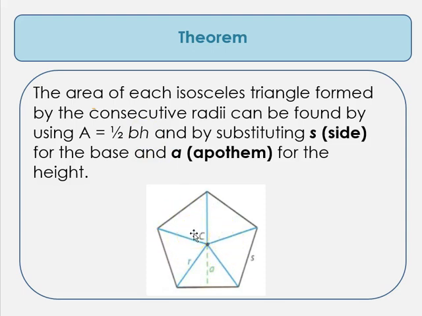Now there are other formulas and you'll learn them, but just going to basics, you can always solve for the area of each triangle and add them together. So you can solve for the area of one triangle using 1/2 base times height, and then you can multiply by 5.